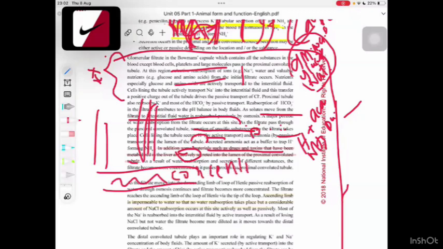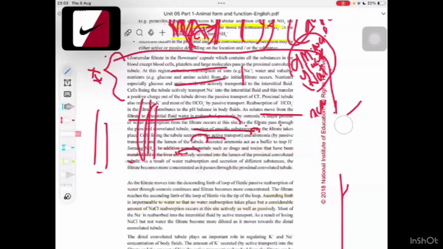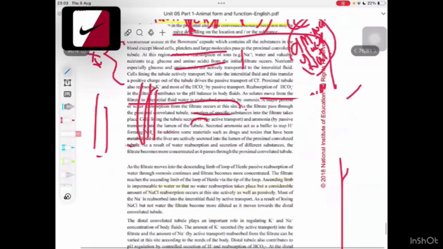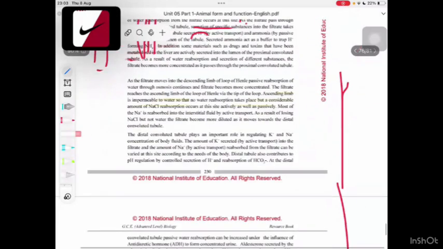That is an MCQ point, because they can say the filtrate becomes dilute as it passes through the proximal convoluted tubule. That is false, right? The filtrate becomes more concentrated as it passes through the proximal convoluted tubule.